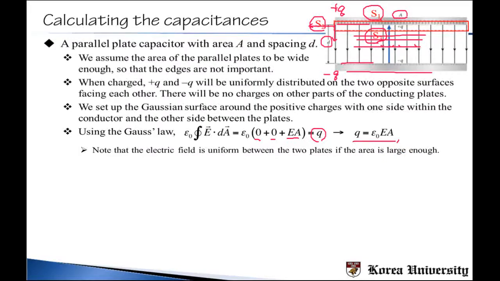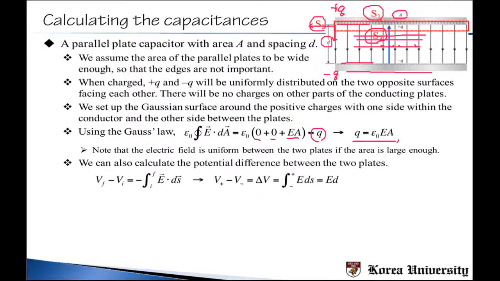Okay, and then let's try to calculate the potential difference between these two plates. Remember how we calculate the potential difference, and then here the delta V is the potential difference between positive plate and negative plate. So therefore you are integrating the electric field from negative plate to the positive plate.